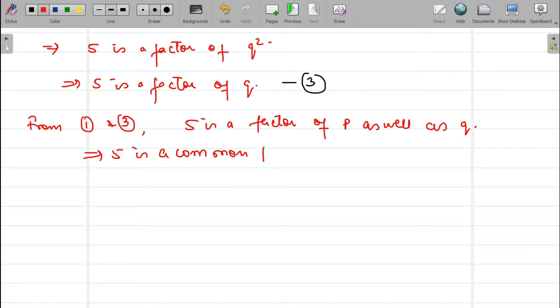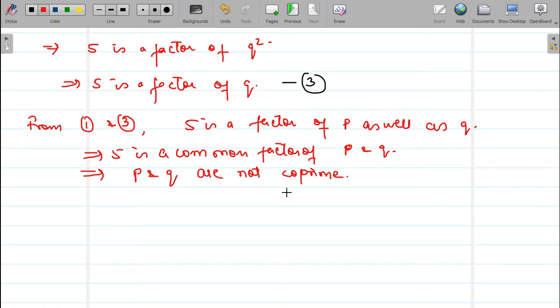5 is a common factor of p and q. This implies p and q are not co-prime. Do you understand what co-prime is? Co-prime numbers are the numbers which do not have any common factors. So p and q are not co-prime because they have a common factor 5. This implies we reach a contradiction.